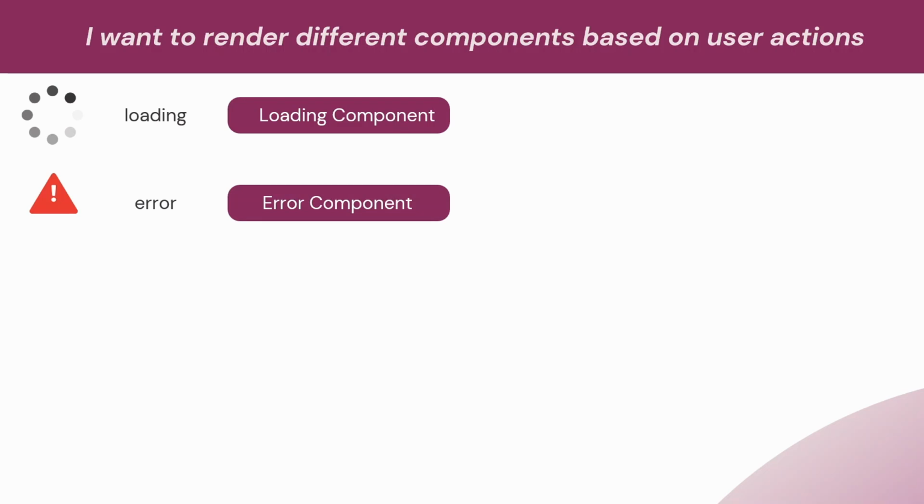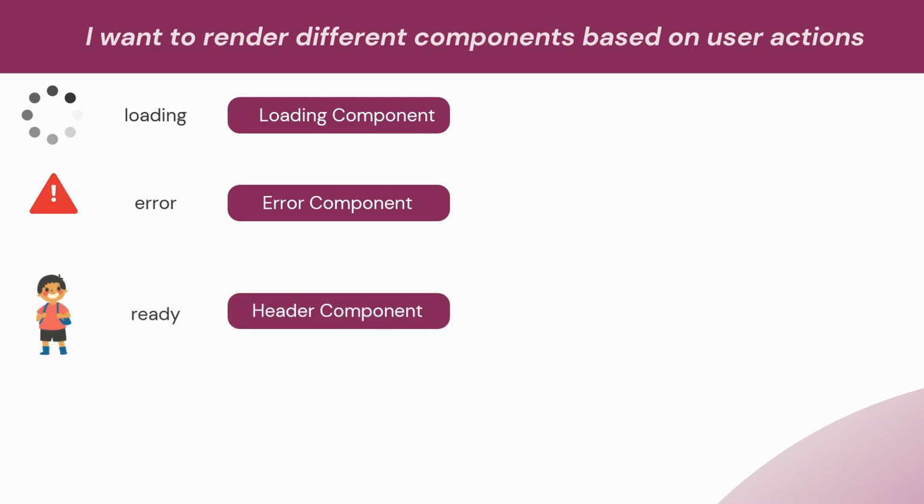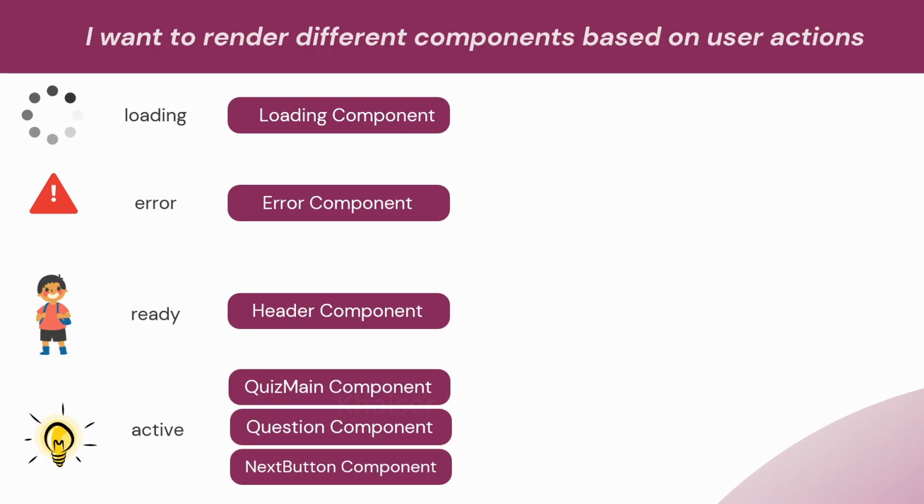If everything is ready and I have successfully fetched the data, then I just want to display my header component. Inside that we are having start quiz. So as soon as I click on start quiz, my quiz will be activated, and once my quiz is active, I just want to render my quiz main component where I will be having the progress bar.